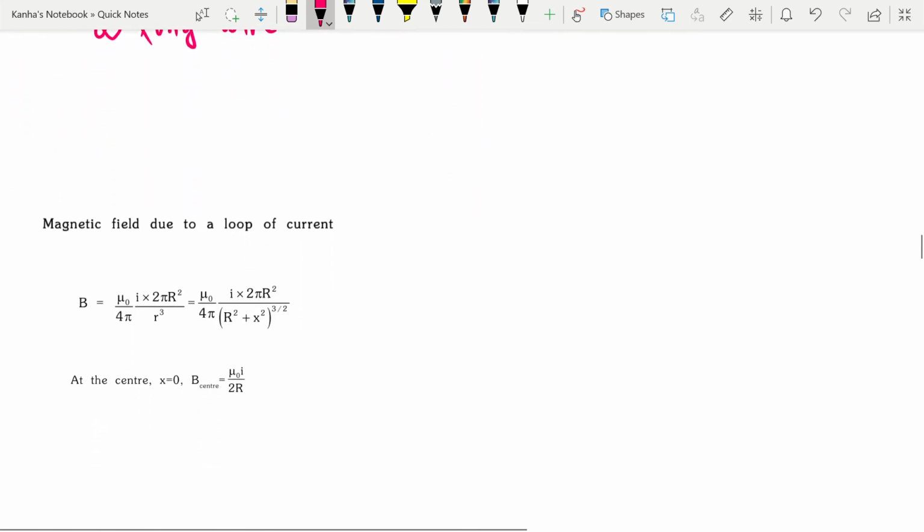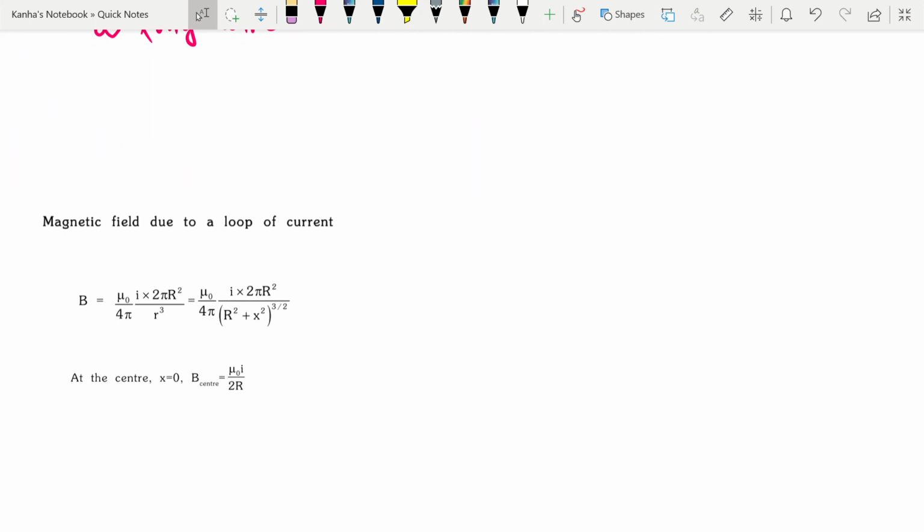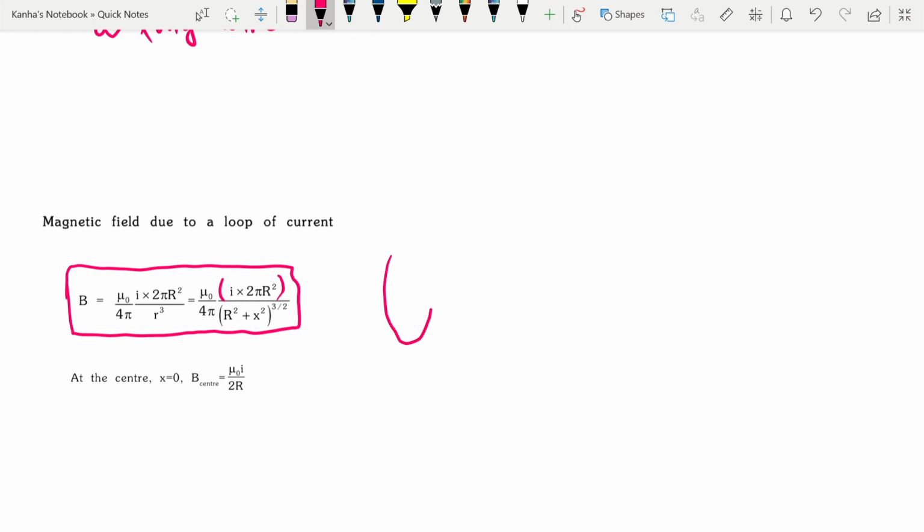Okay, let's talk about the magnetic field due to a loop of current. So due to a loop of current, we find that the magnetic field takes the form mu naught by 4 pi into I into 2 pi R square divided by (R square plus x square) to the power 3 by 2. And how is this done? This is again similar to the loop of charge that we had in our case for electrical systems.